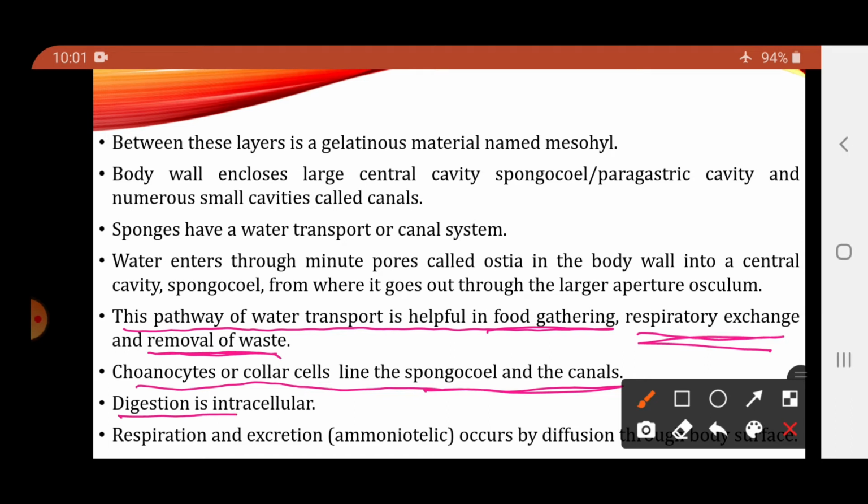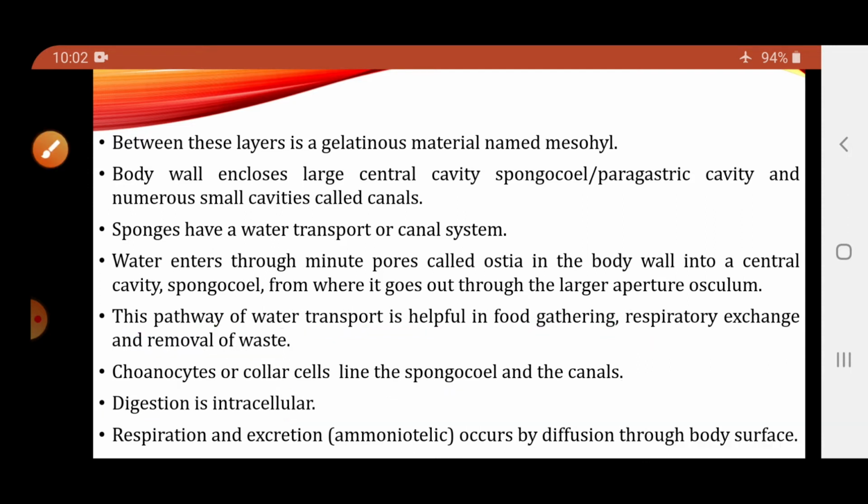Here the digestion is intracellular, that is, the food will be digested inside the cell. यानी कि digestive cavity अपनी body में हम बात करते हैं तो alimentary canal के अंदर, यानी कि food tube के अंदर digest होता है, नहीं कि food cell के अंदर जाके digest होता है. So here what is the case? The food will be digested inside the cell and not in the lumen or cavity of the digestive tube.